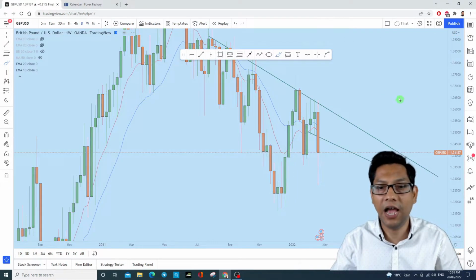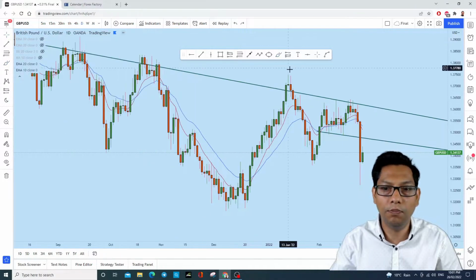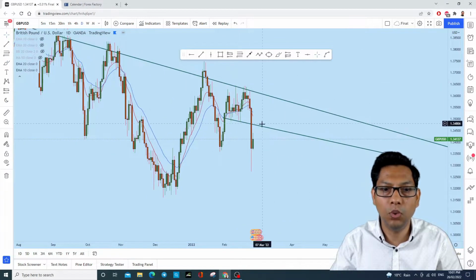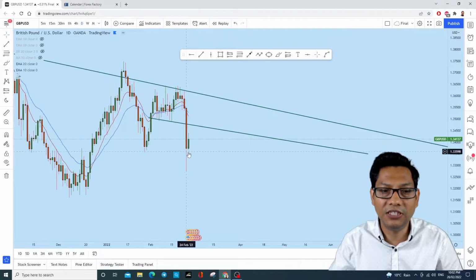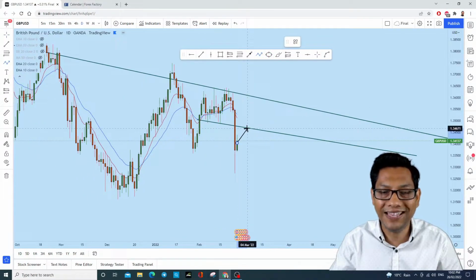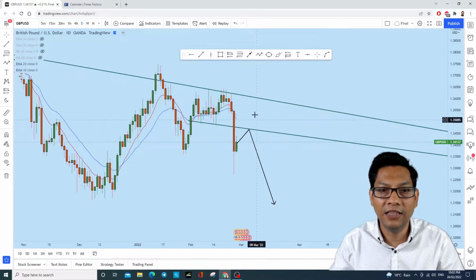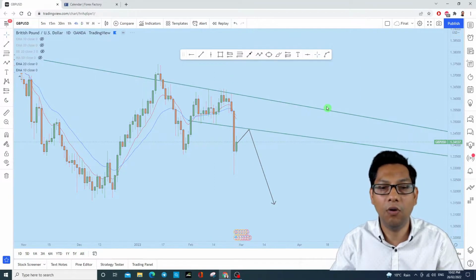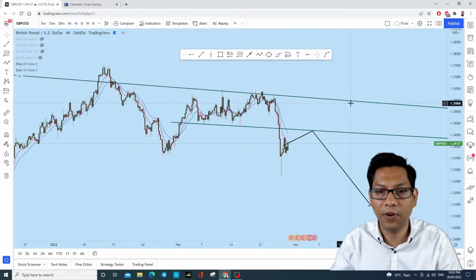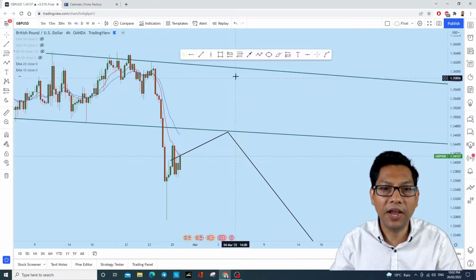Let's see on the daily how we can see this move. Now this is the possible scenario on British pound US dollar, and that is what we will be waiting for. As you see, this is the daily time frame, there was a narrow bar here after this red candle, and we could see another 1 or 2 bars on the daily time frame testing this resistance and then moving to the downside, and this is where we will place our entry based on what kind of price action it is creating, and we will be waiting for a possible rise in this zone.